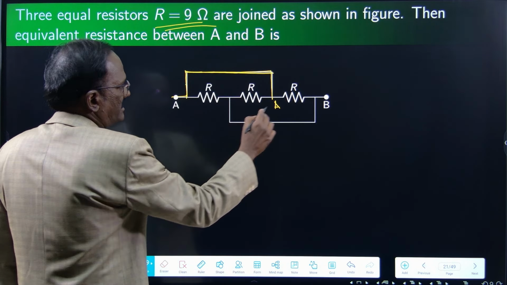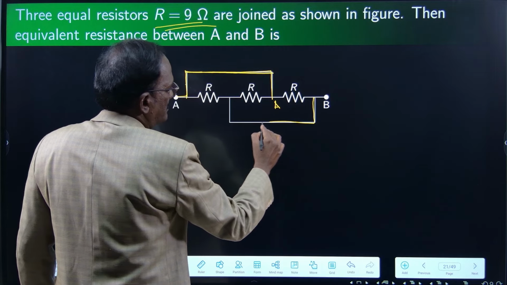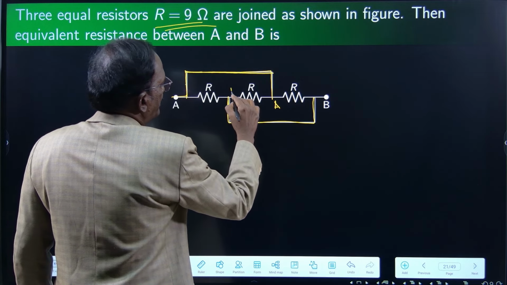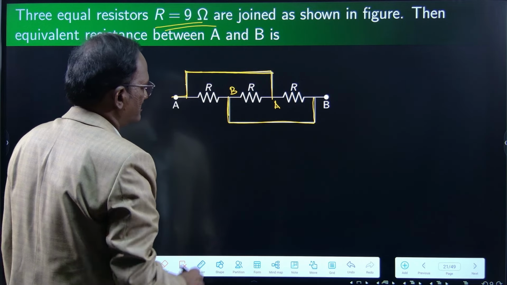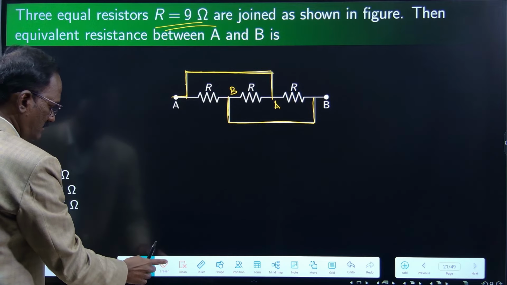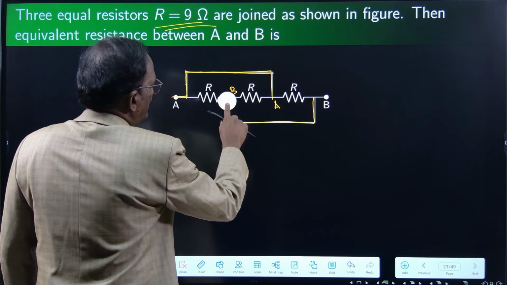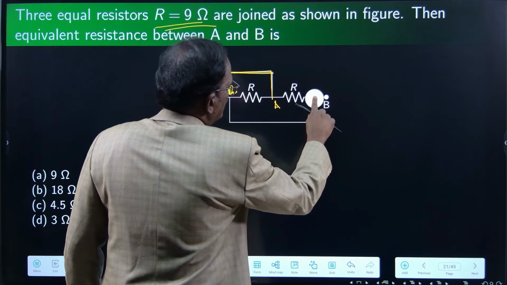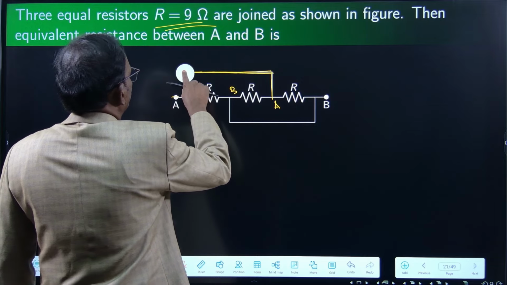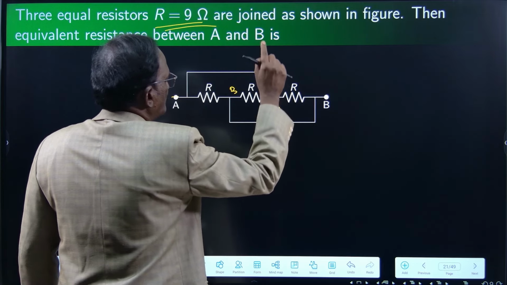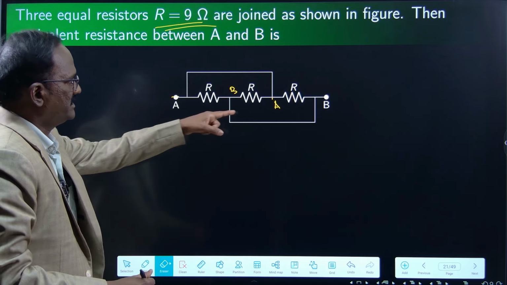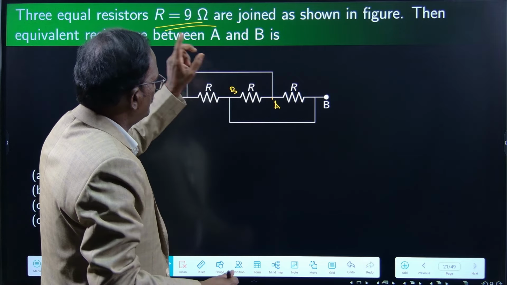Similarly, this is B, this point also B, short circuit. Now let me remove this yellow line. This is A and this is B.